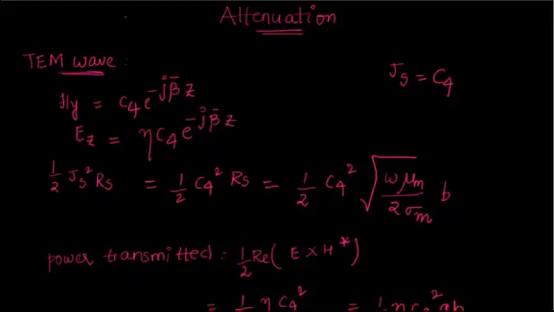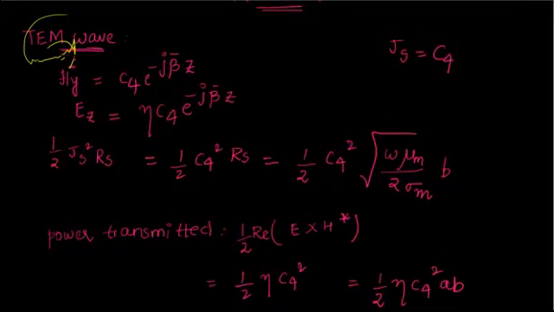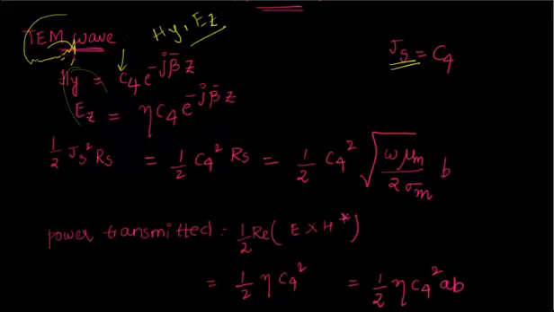We have derived the attenuation for the TE wave, and now we have to derive it for the TEM wave, where we have only HY and EZ. Now you take the components, and the surface charge density should always be in terms of the H field only. Here the only H field is HY, so the magnitude of HY is C4.